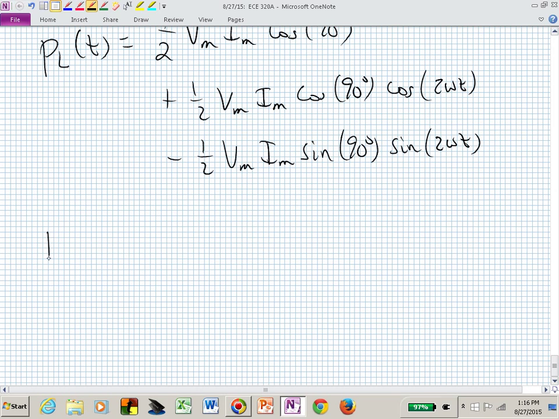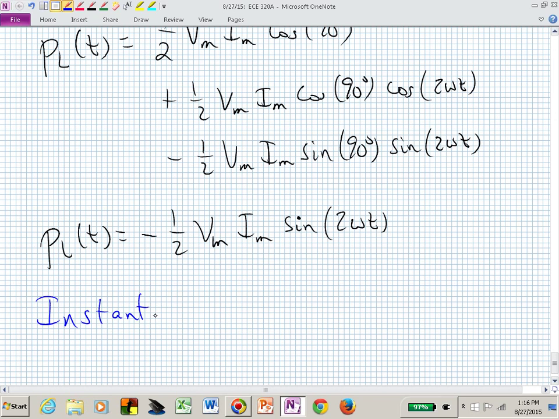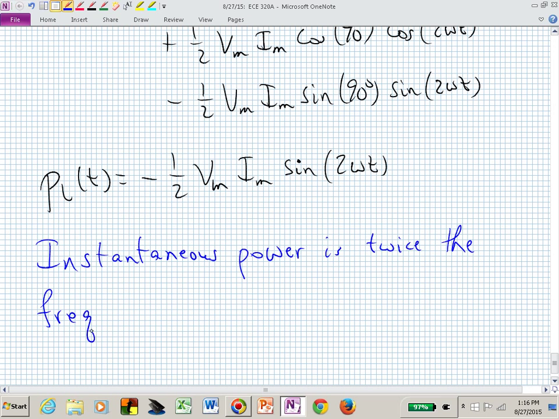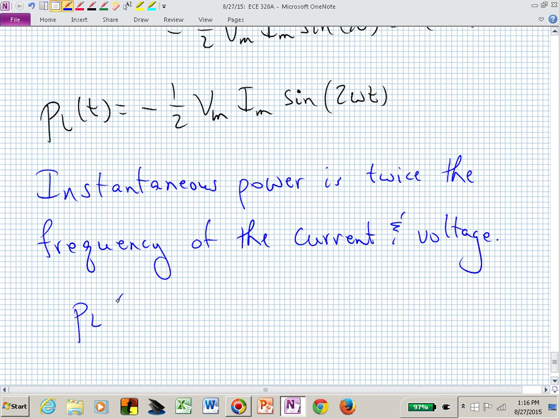So our instantaneous power on the inductor, P sub L of t, is minus 1/2 Vm Im sine 2 omega t, where now our instantaneous power is twice the frequency of either the current or the voltage, and P sub L of t in the inductor oscillates.